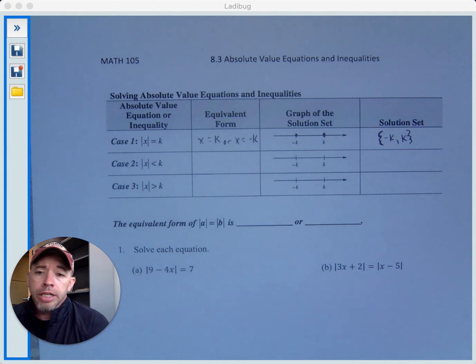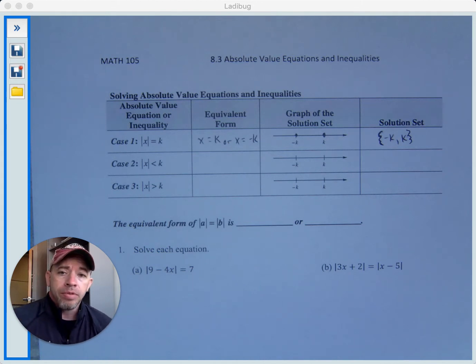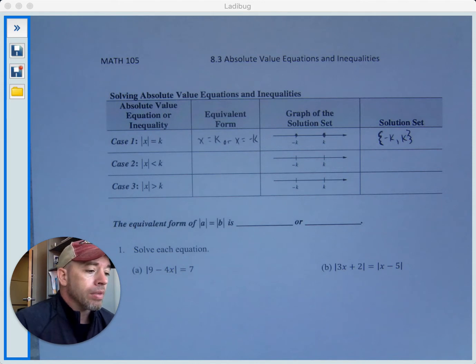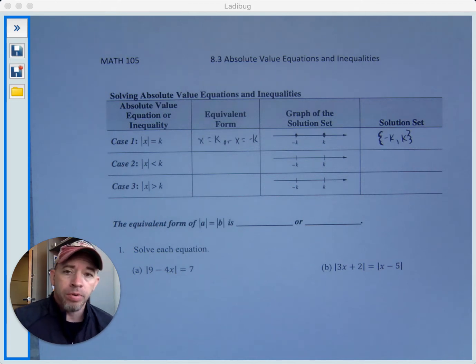Now, the two trickier cases are where you have absolute value less than a number or absolute value greater than a number. If you have the absolute value less than k, these work if k is a positive number. If k were negative, we'd have problems, right?